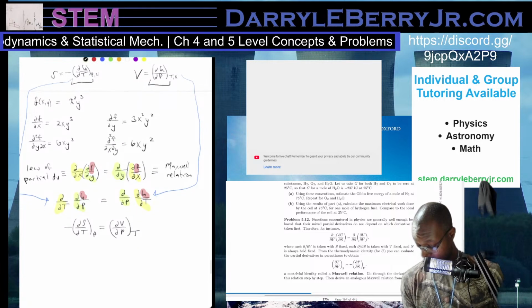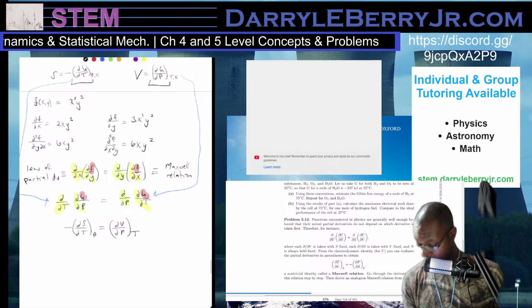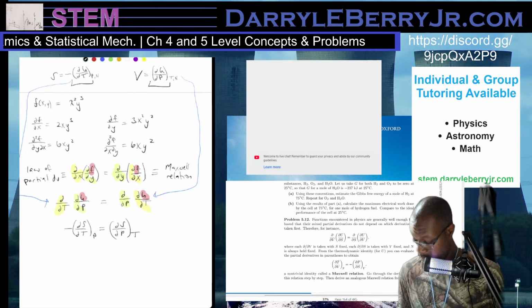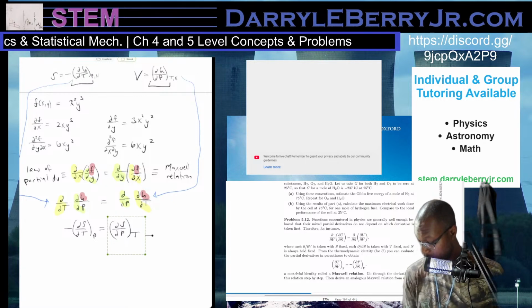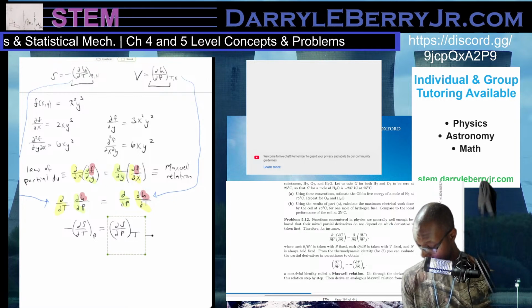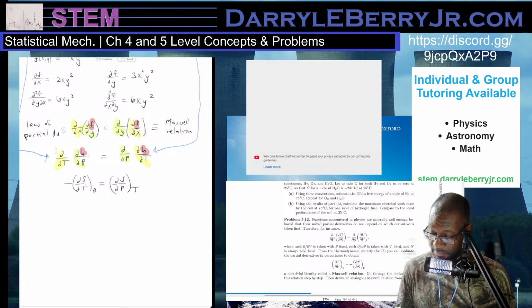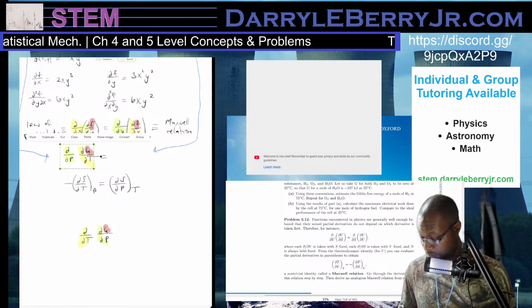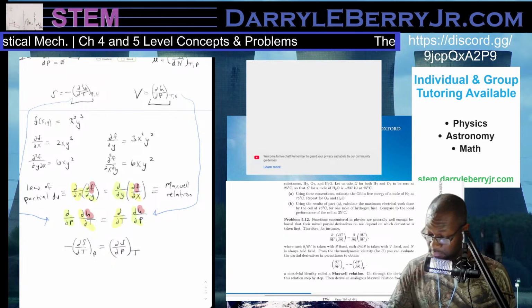So dg of dt is s. Maybe I should swap these. All right.